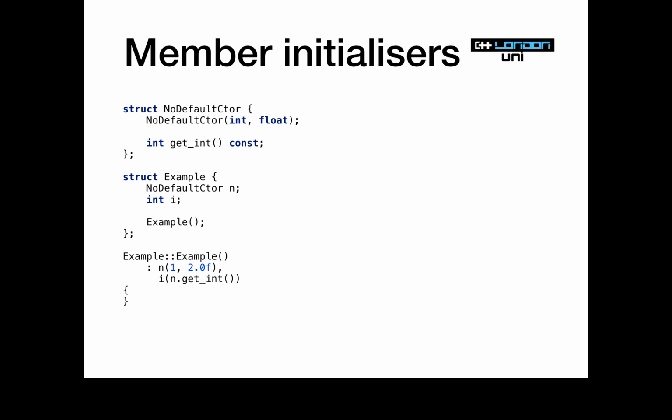Either you default construct it and then assign it an initial value, but that's doing more work than we need to, because it's more efficient just to give it the initial value in its constructor. And the other problem is if it doesn't have a default constructor, as with our no default constructor class, then we need to specify which constructor we should call.